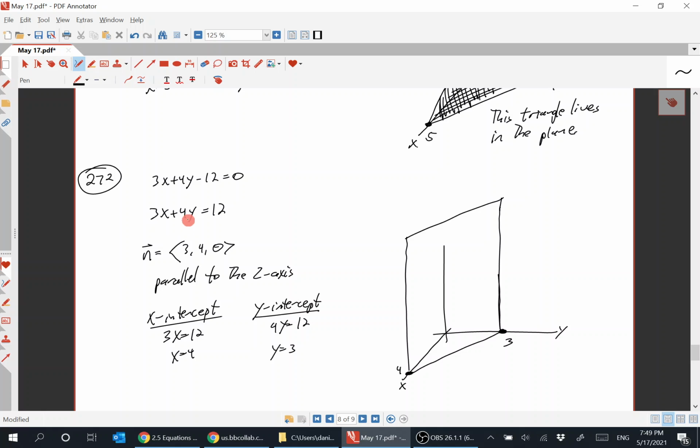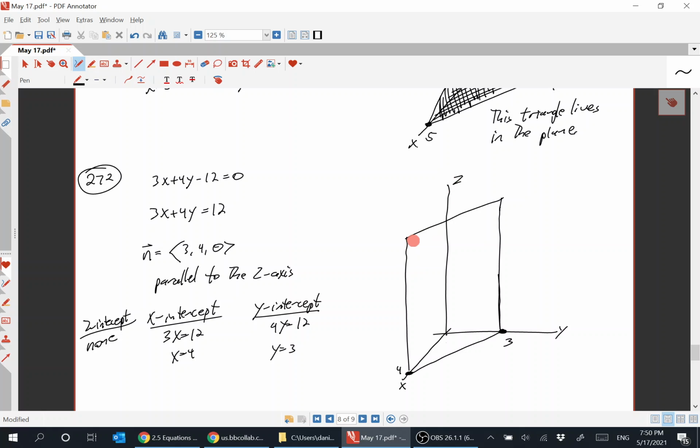If I let x and y be equal to 0, then I get 0 is equal to 12, which is obviously impossible. So there is no z-intercept.